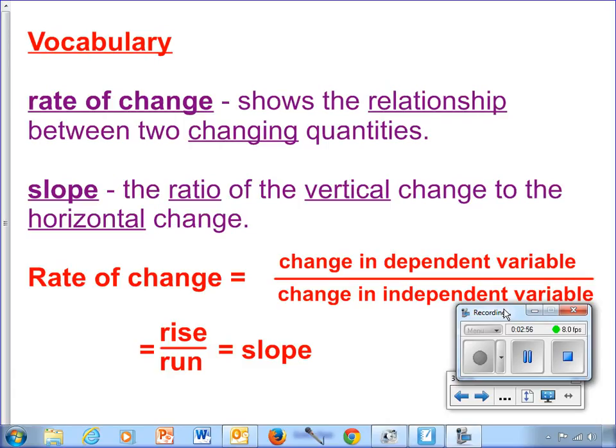So since the dependent variable is on the vertical axis, that's why we call it the rise over the run, which would be the horizontal axis or the independent variable change. Rate of change, when it comes to an equation or a linear function, is simply the same as slope. So the two definitions that you see up above can be used interchangeably.